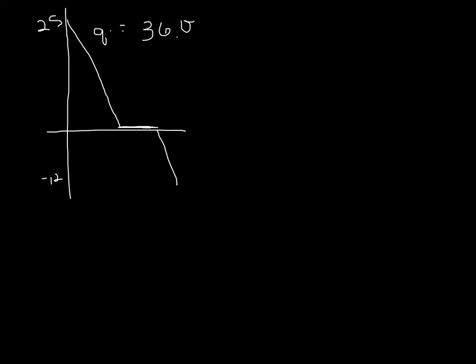Okay, let's recreate our curve real quick. Remember that we're going from 25 to 0, phase change at a plateau, and then we're going to go down to negative 12. We called this Q1, which we solved for and discovered that it was equal to 36,000. We solved for Q2, which we found was equal to 110,000. And now we need to solve for Q3.